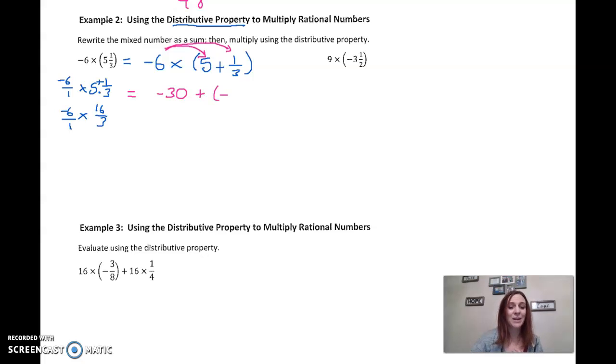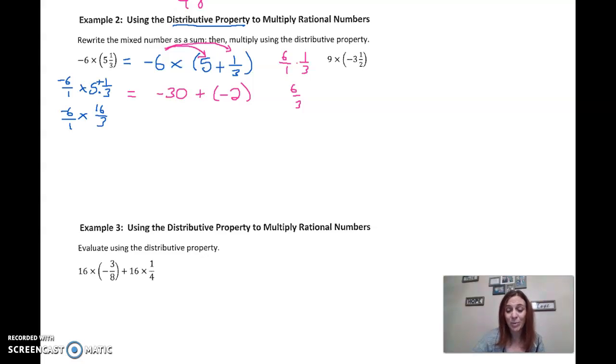Now, if you can't do that, what's 1/3 of 6 in your head, you can go, okay, 6/1 times 1/3, and that 6 times 1 is 6, 1 times 3 is 3, and I get 6 divided by 3, and that works out to be 2. Okay. Well, negative 30 plus -2.